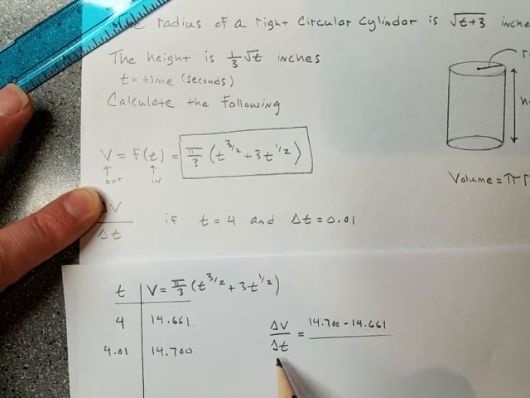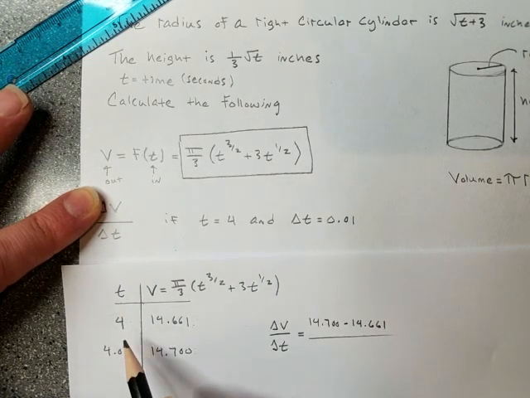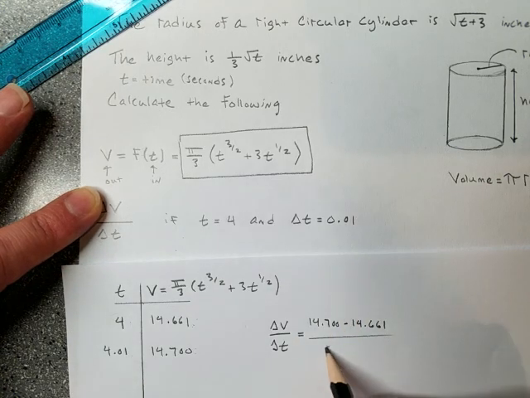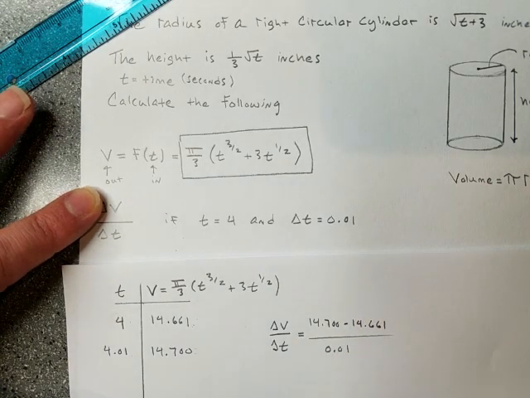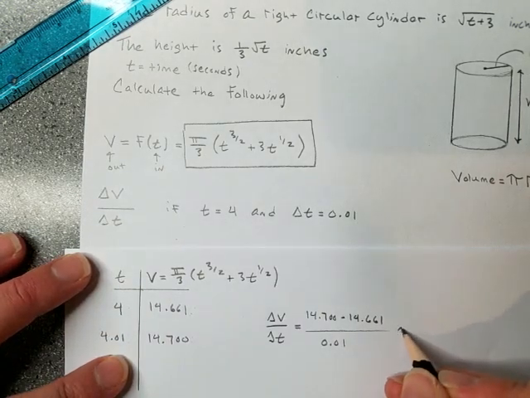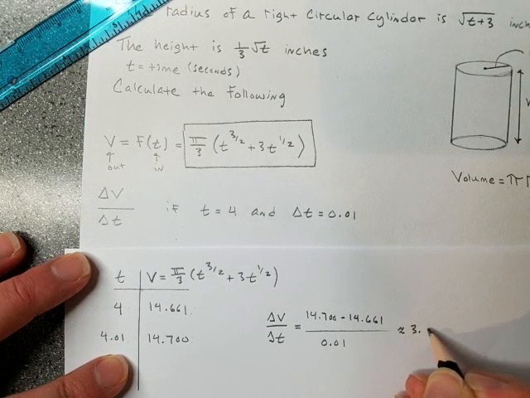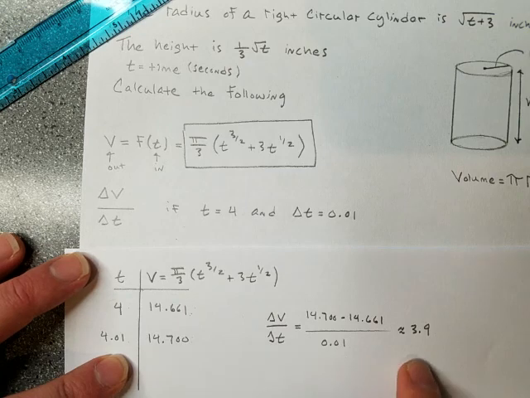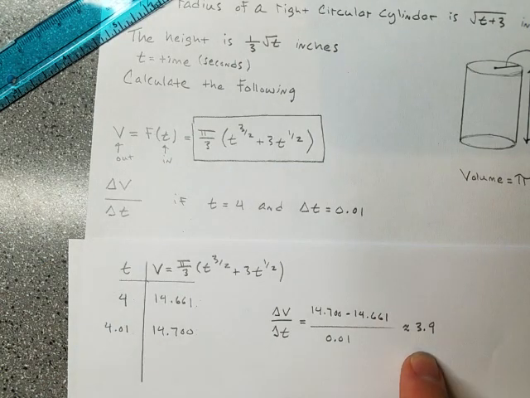And then the change in t, well, from 4 to 4.01, that's going to be 0.01. All right, so let's see what that turns out to be. 14.700 minus 14.661 divided by 0.01, so you'll get about 3.9, roughly 3.9. And that's with some rounding, but that's about what you'll get, okay?